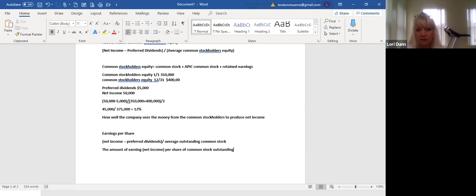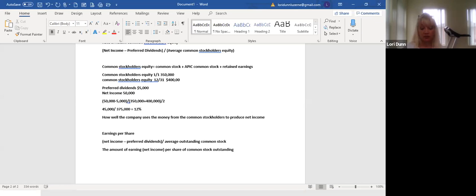I like to look at this computation as if net income was all declared as a dividend, that's the maximum dividend you would get this year for each share of stock. So you can look at it from that perspective, and investors will make decisions based on that.